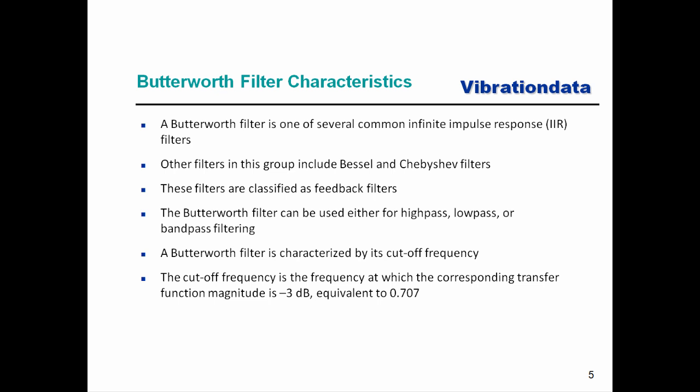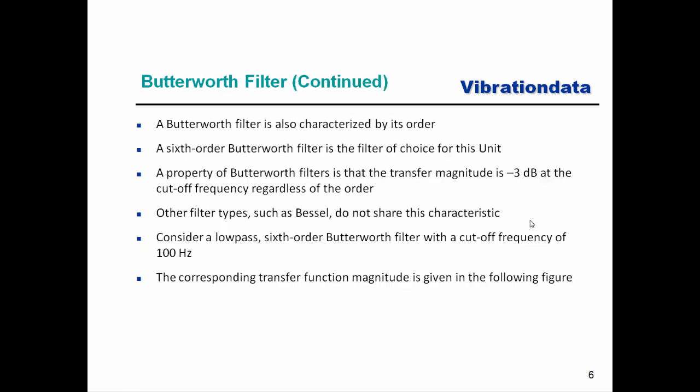And the Butterworth filter can be used for either high pass, low pass, or band pass filtering. And it is characterized by its cutoff frequency. And the cutoff frequency for a Butterworth filter is the frequency at which the corresponding transfer function magnitude is minus 3 dB, which is equivalent to a magnitude scale of 0.707. We'll take a look at the transfer functions here shortly.